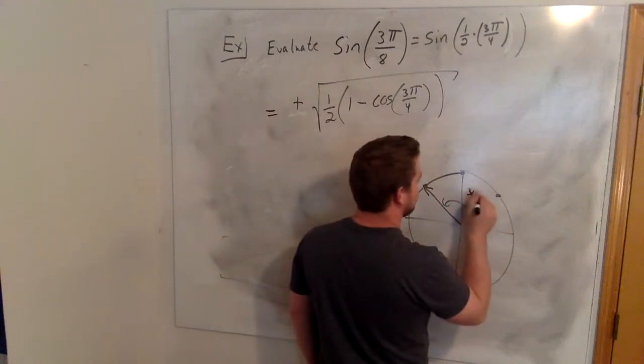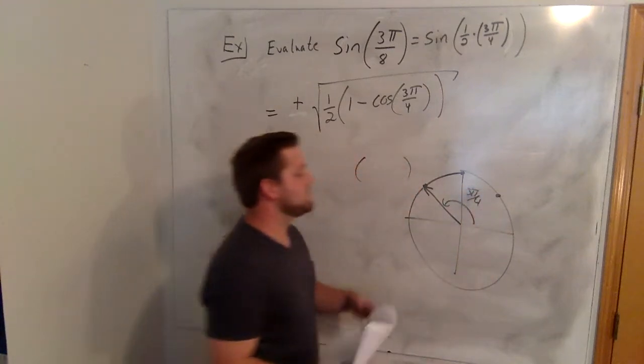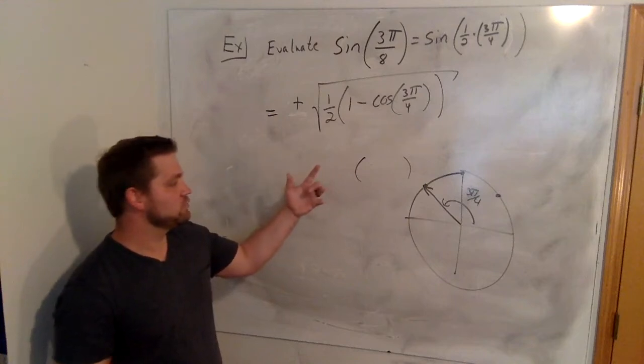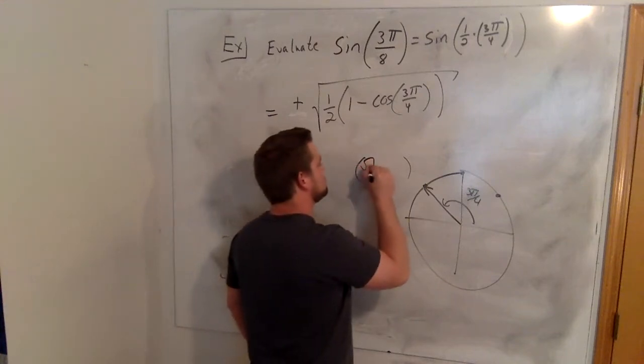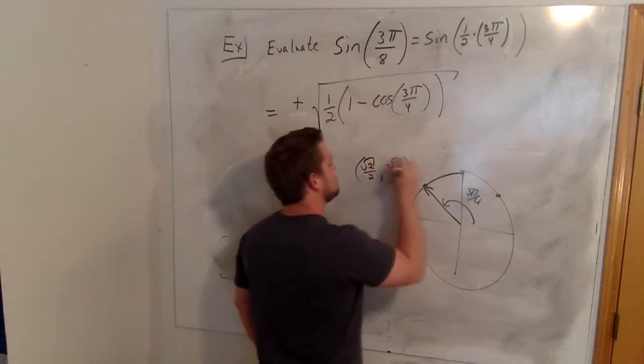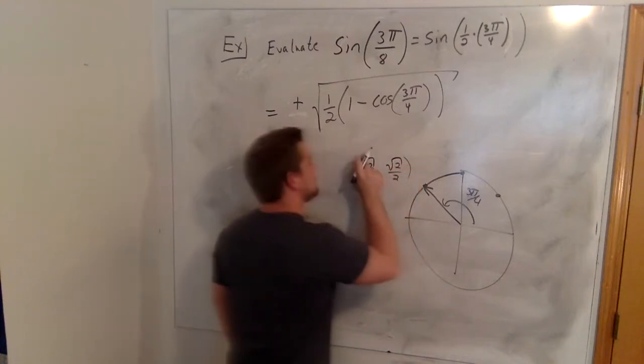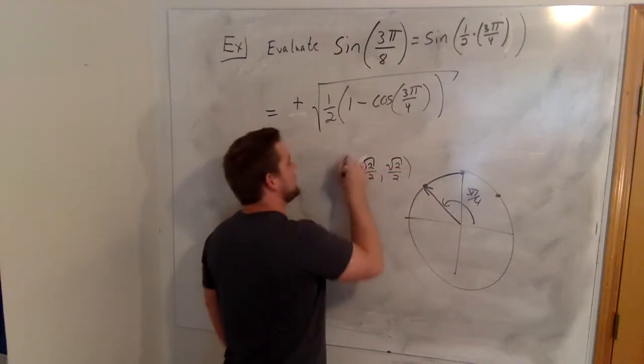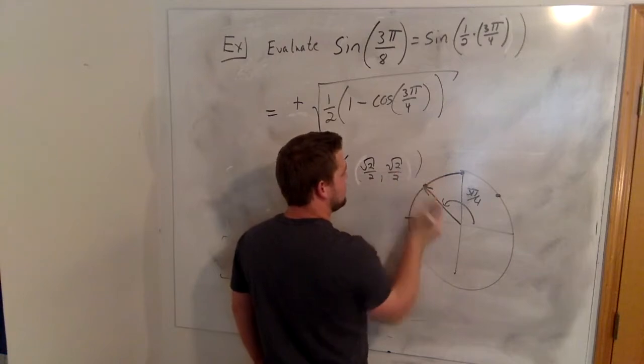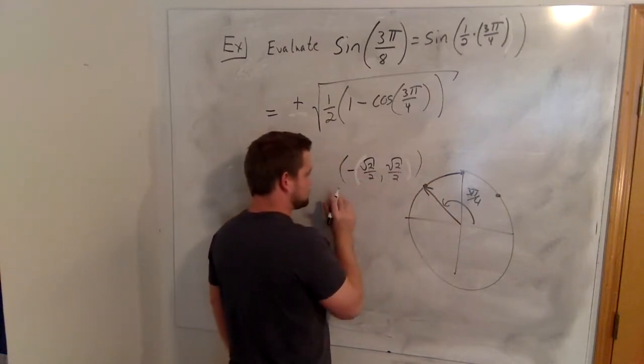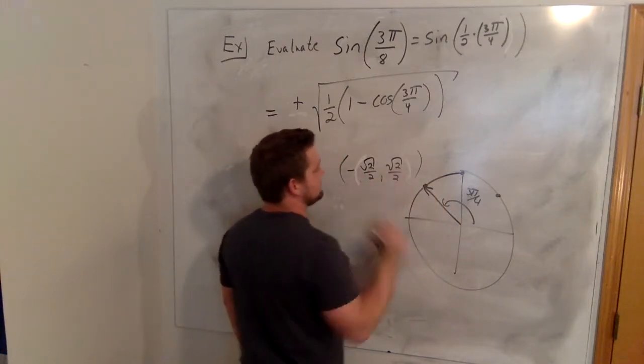Here's 3 pi over 4. The reference angle is pi over 4, with root 2 over 2 and root 2 over 2. We're in quadrant 2, so cosine is negative and sine is positive there.